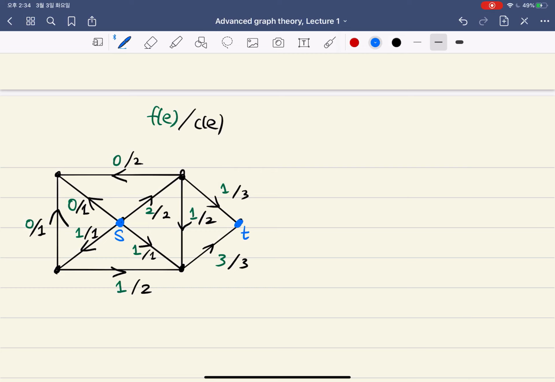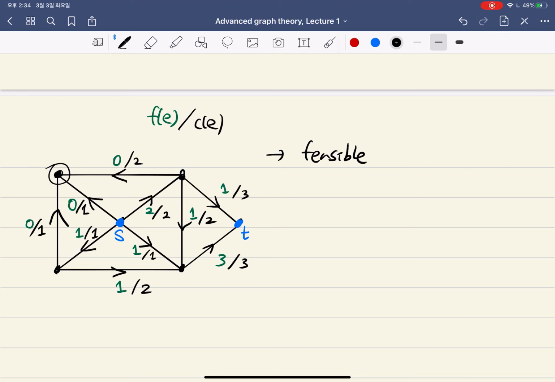Then this is actually a feasible flow, because for this vertex, the conservation constraint is satisfied.